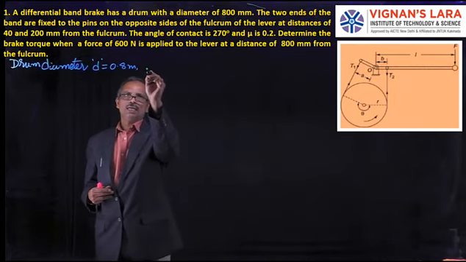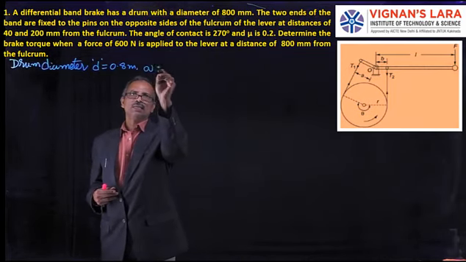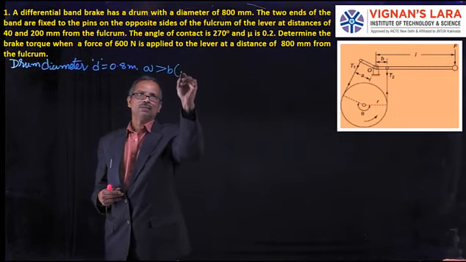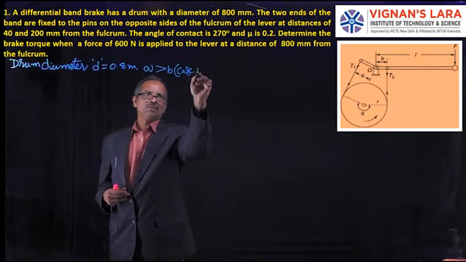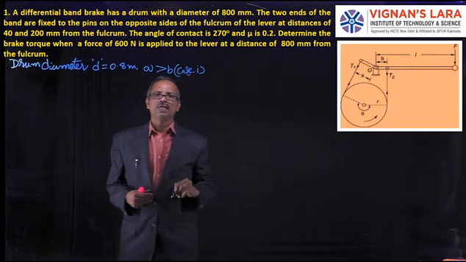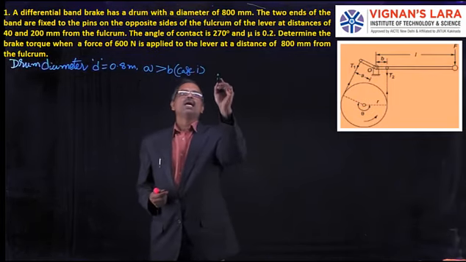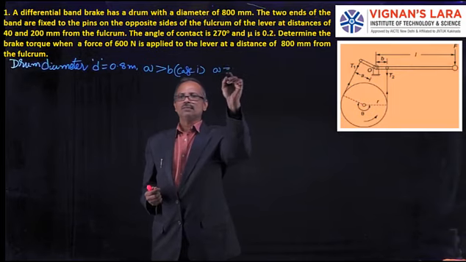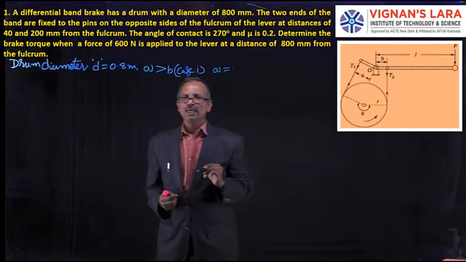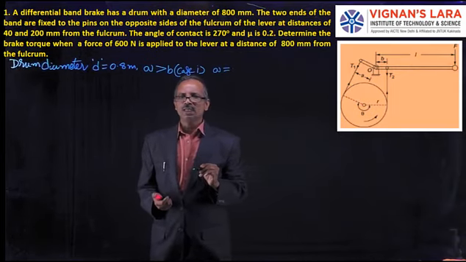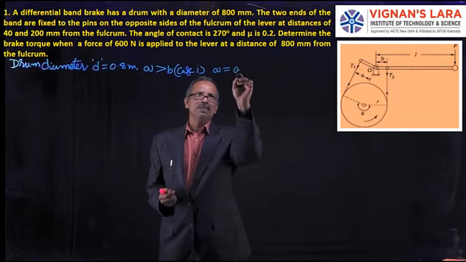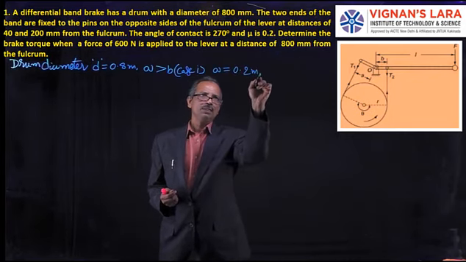Just now I said I take case 1, A is greater than B. So A is 200 mm, that is 0.2 meters.